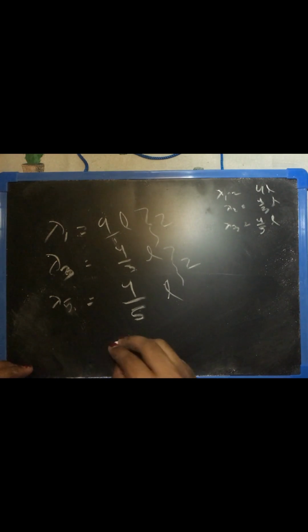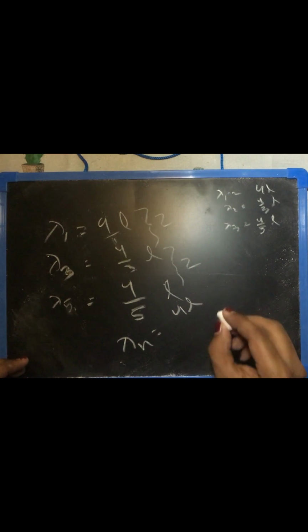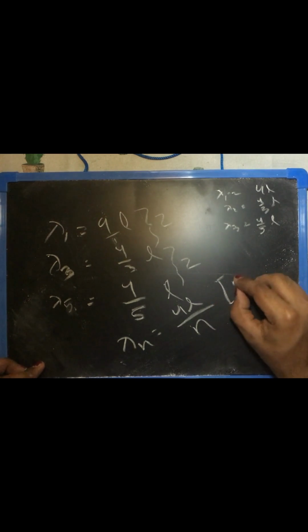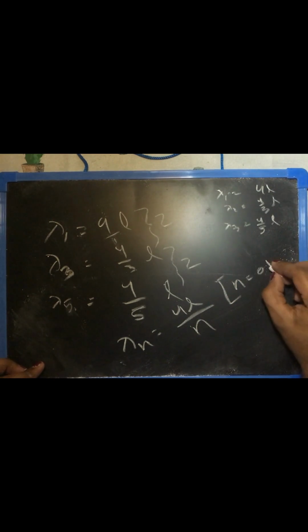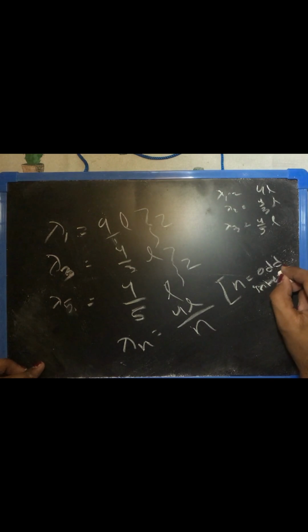So if this is lambda n, what is the formula? The formula is 4L by n, right? Considering n is odd integers. That's a better phrase: odd integer.